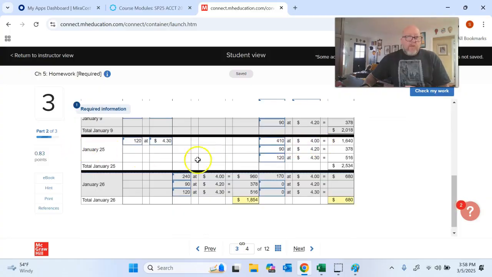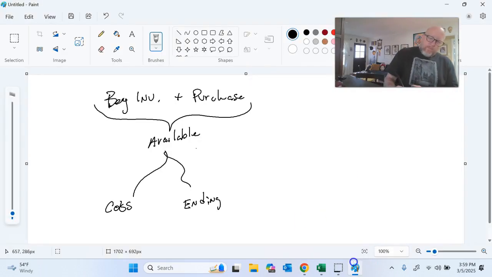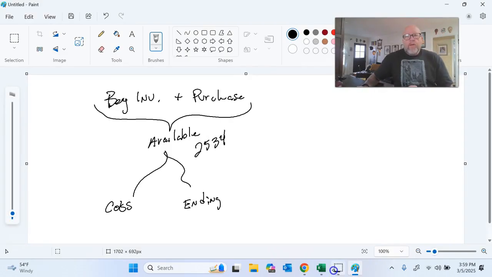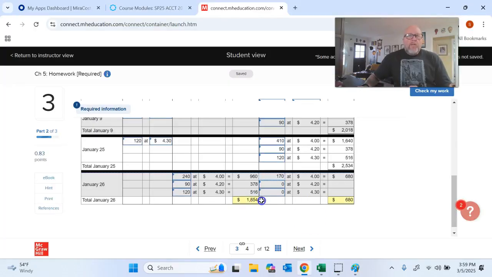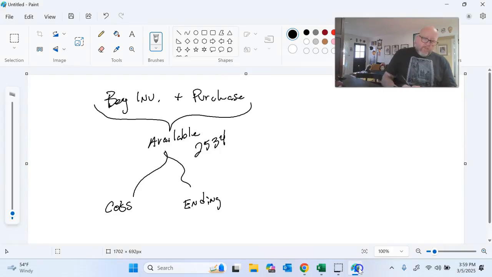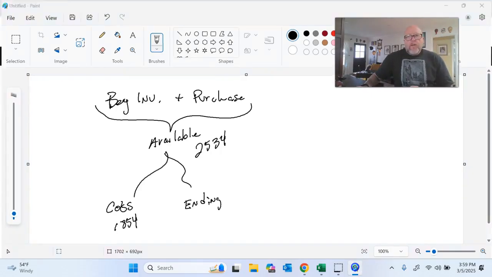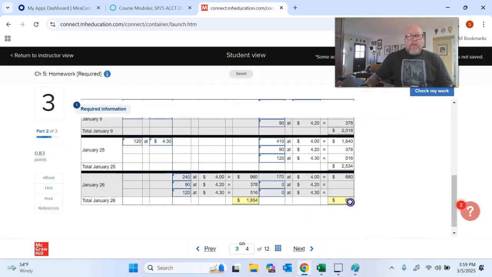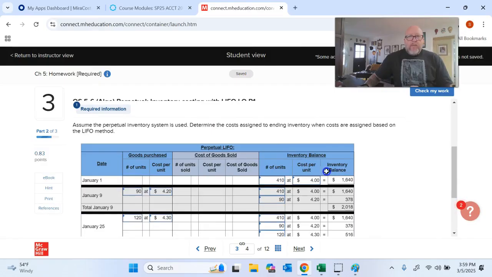And if I just go down to January 25th, after we purchased that second group, I think we're saying we have available to us $2,534 worth of inventory. And our conclusion is $1,854 goes to cost of goods sold, and $680 remains in ending inventory, right?